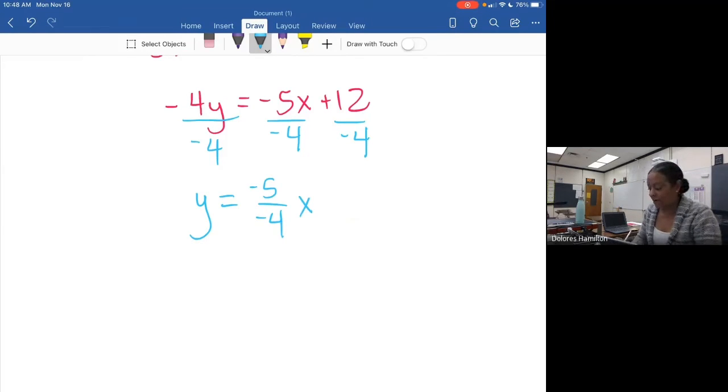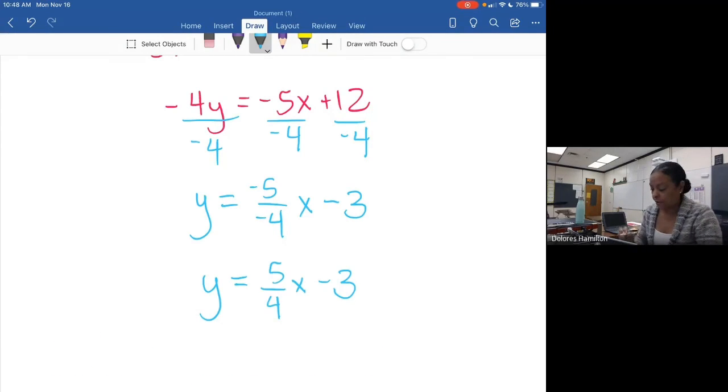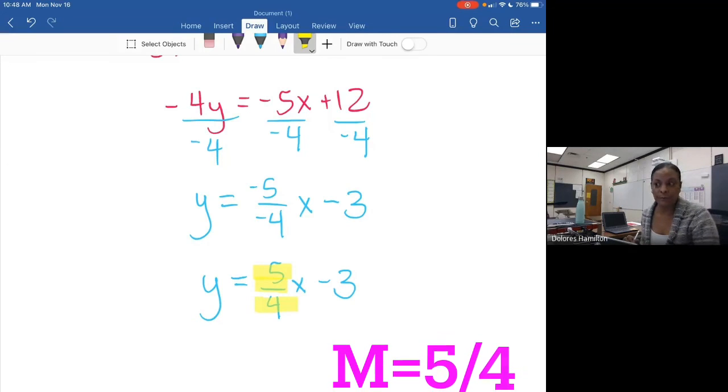Negative 5 over negative 4, we're going to clean that up. And then 12 divided by negative 4, I can simplify to negative 3. What is a negative divided by a negative? It's a positive. So our last step is identifying the coefficient of the x term, and that's our slope, 5/4.